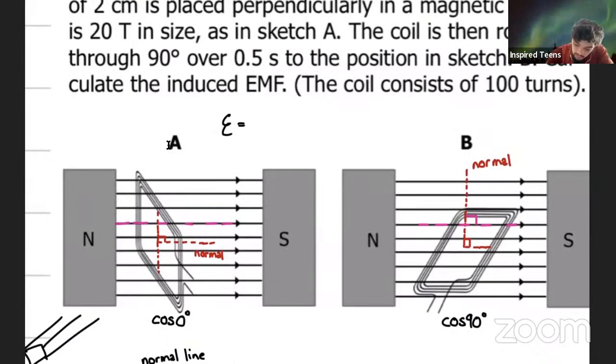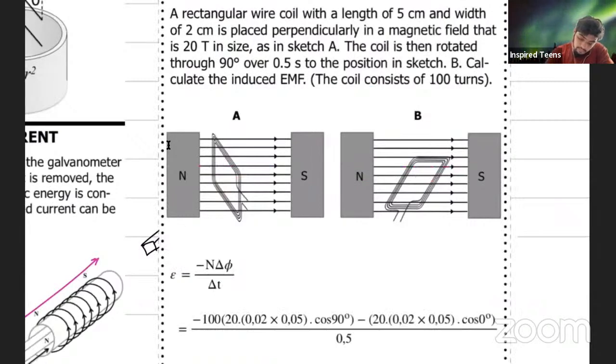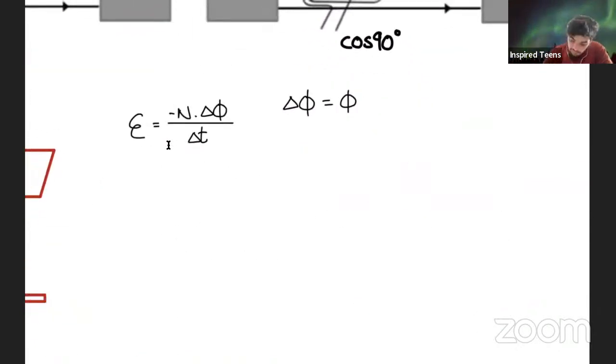Induced EMF is equal to negative N times delta phi over delta T. Now, delta phi is equal to, let's maybe move this down, the magnetic flux final minus the magnetic flux initial.